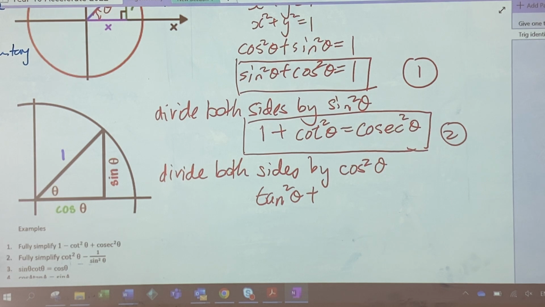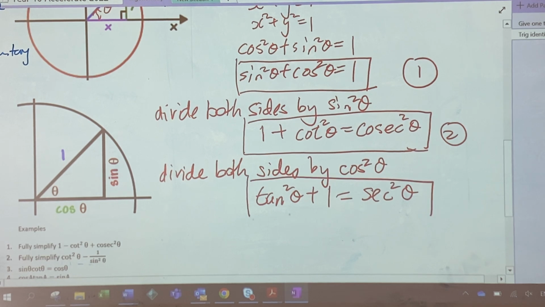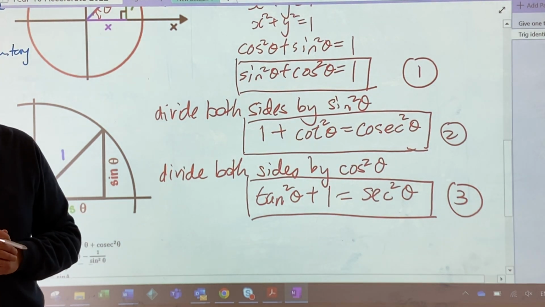Then cos squared theta divided by cos squared theta is 1. What's 1 divided by cos? Sec. So it's sec squared theta. Finish. 1, 2, 3. These are the very important 3 Pythagorean identities.